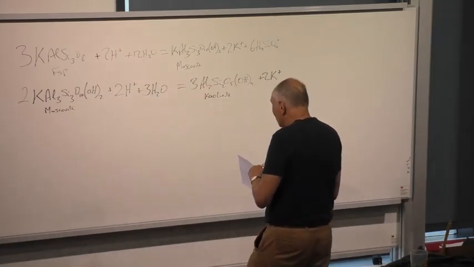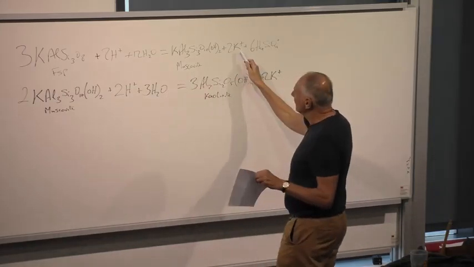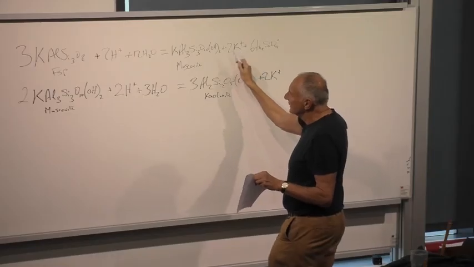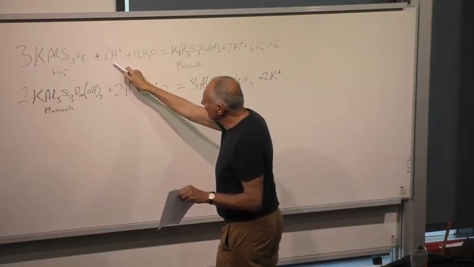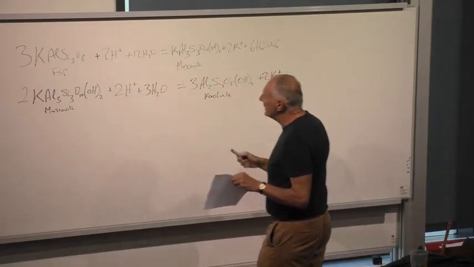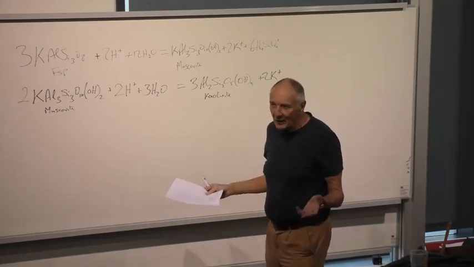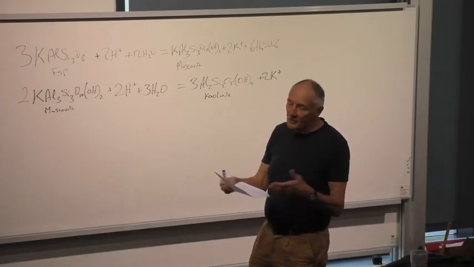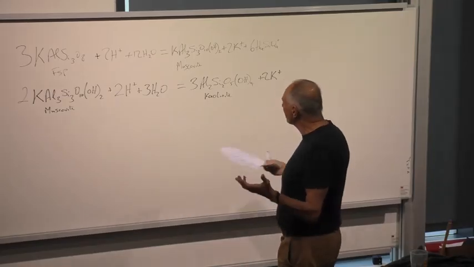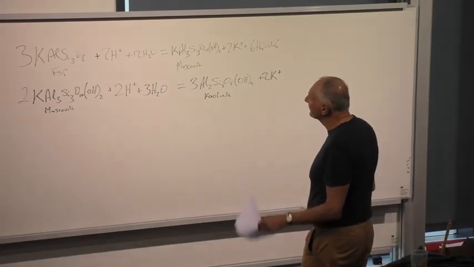So we balance the charges by releasing the potassiums, balancing them with hydrogen ions, and then we need to figure out how much water we need. Because this is all happening in aqueous solution, there's lots of water, so we can add or subtract as much water as we like.